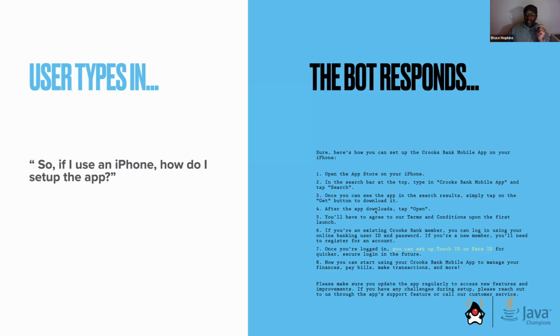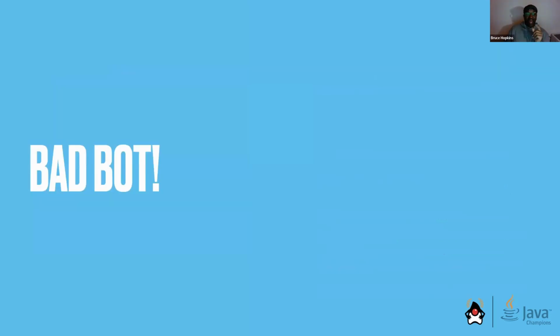Download it, great. After the app downloads, open the app, sounds good. It then later tells me once you have logged in, you can set up Touch ID or Face ID for a quicker, secure login in the future. Now, that's really bad.